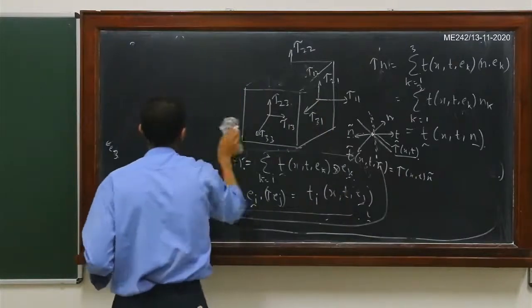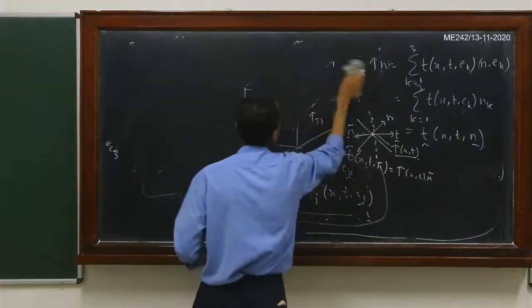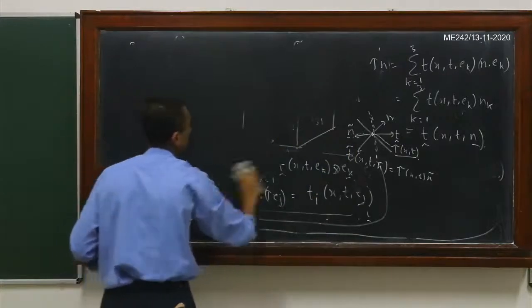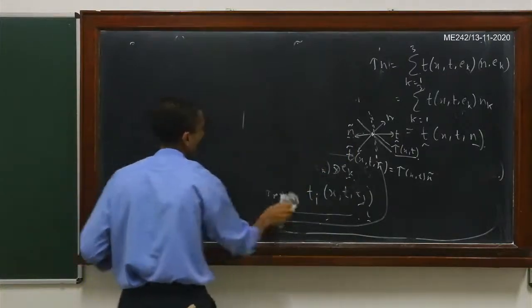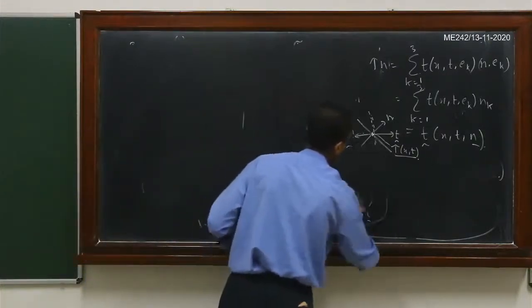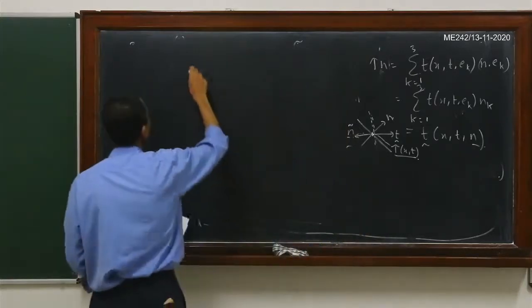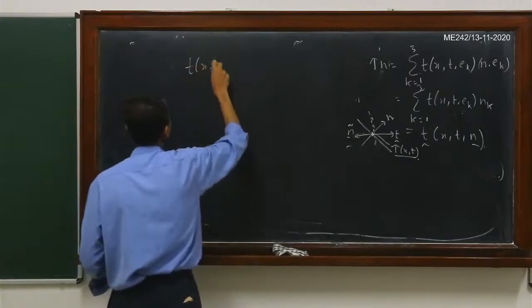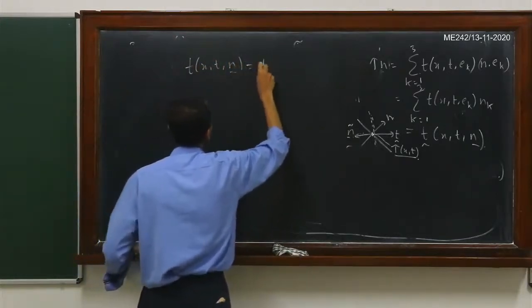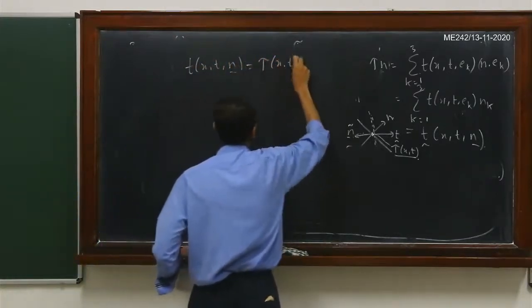So what we have shown is that t of x, t, n is equal to tau of x comma t times n.